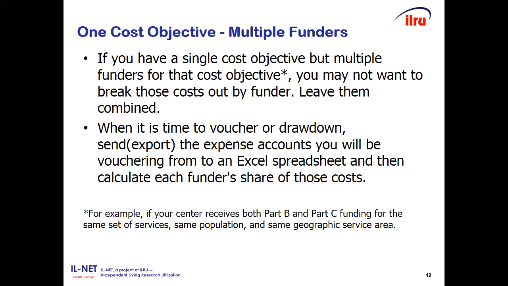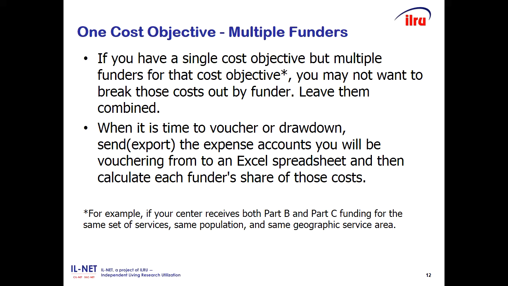Most of our conversation around this had to do with staff time, and we have some training on that, and we can go over that more later. But if this sounds familiar, it's because we talked about it in how you divide out staff time on your timesheets. The idea is that all of your costs should have a cost objective that they're attached to.